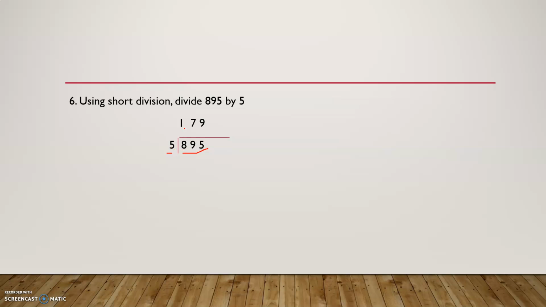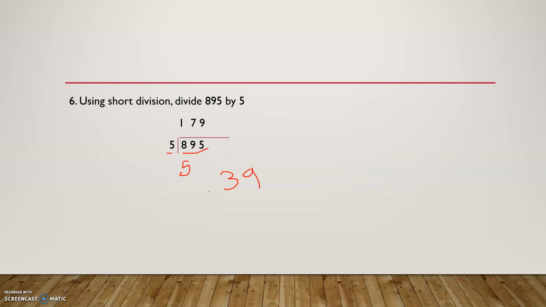So 5 times 1, which would be just 5. And then remainder would be 3. So we move the 3 to the tens column. So that would be 39.